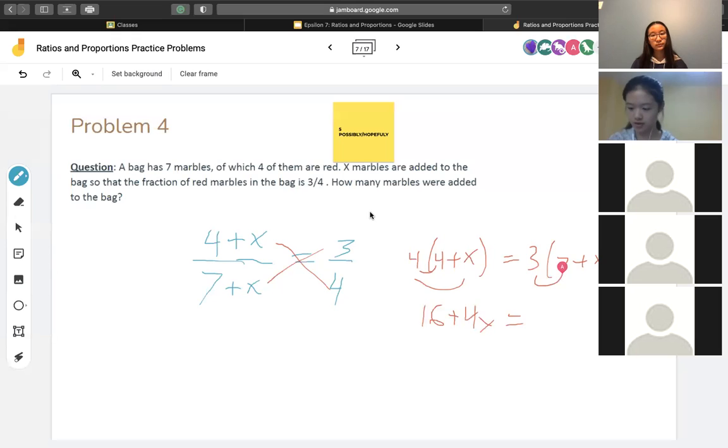Then 3 times 7 is 21, and 3 times x is 3x. So now we have an equation, and we can solve for x by subtracting 3x from both sides and subtracting 16 from both sides. And that would get us x equals 5.